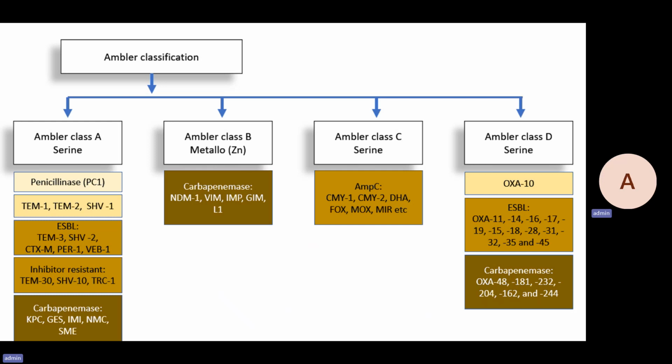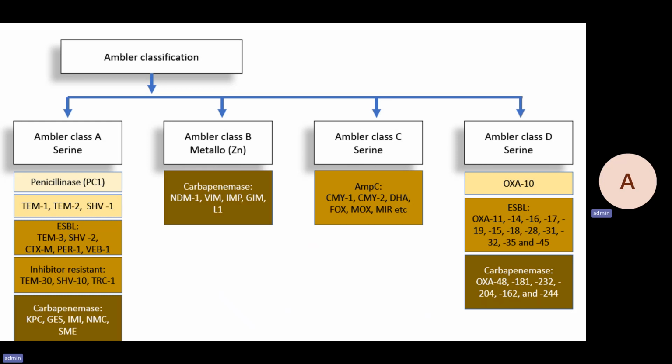As you know, we differentiate beta-lactamases into four classes based on their spectrum and structure. This classification is called the Ambler classification. There is another classification called the Bush and Jacoby classification, which is also important for the exam, and there has been a question asked on that, but we will not go into that in this presentation.